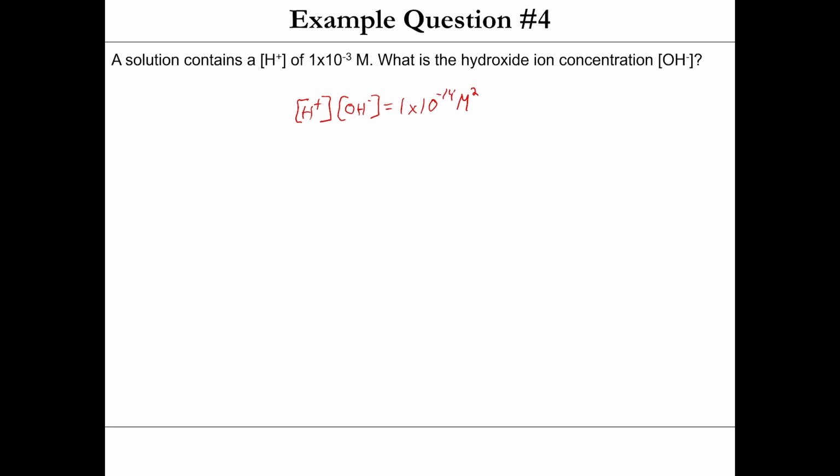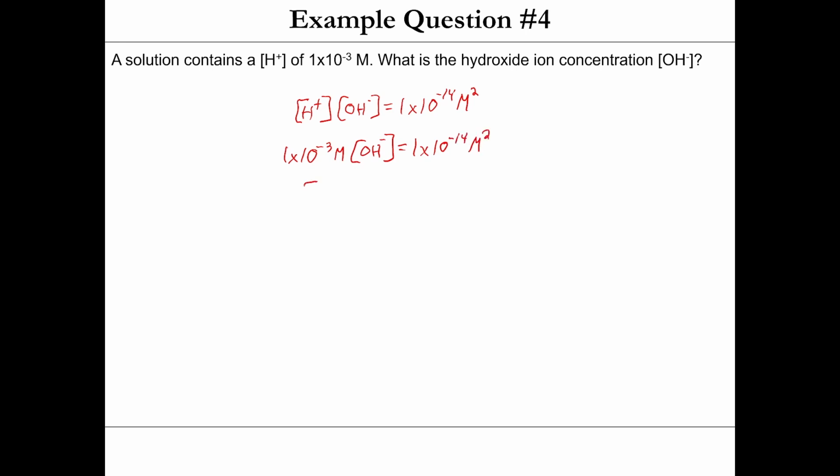Okay, so if we rearrange that, we know the proton concentration, so we can write 1 times 10 to the negative 3 molar times the hydroxide ion concentration will equal 1 times 10 to the negative 14 molar squared.